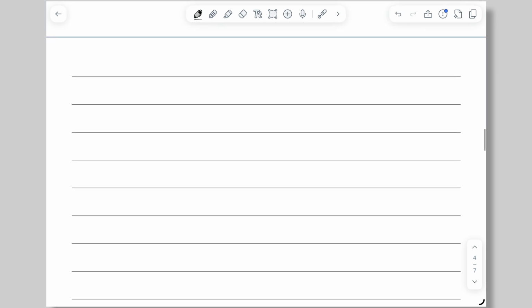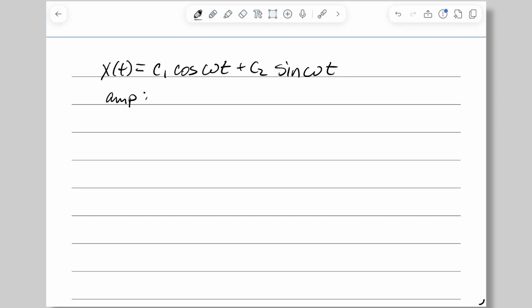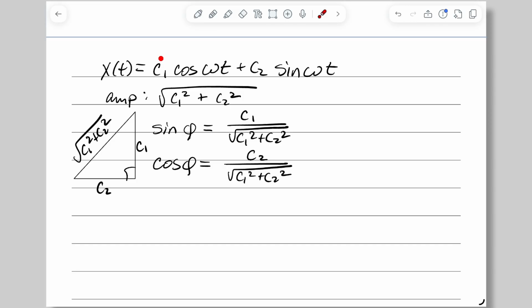Let's recap what we did with the trig here. For x of t equals c1 cosine omega t plus c2 sine omega t, the amplitude is going to be basically the hypotenuse of an associated right triangle. So the square root of c1 squared plus c2 squared. C1 divided by that amplitude is the sine of an angle phi, and c2 divided by that amplitude is the cosine of an angle phi.